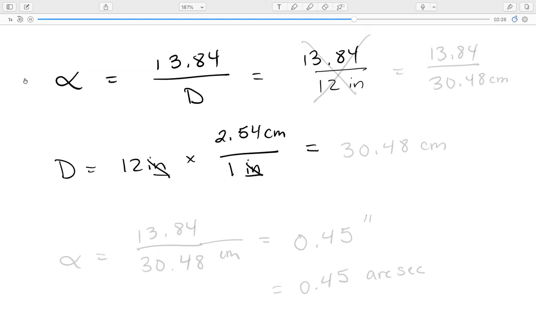Plugging that into our calculator, we'll find out that this is 30.48 centimeters, which means this is what we need to plug in for our angular resolution calculation, not the 12 inches that we had before.